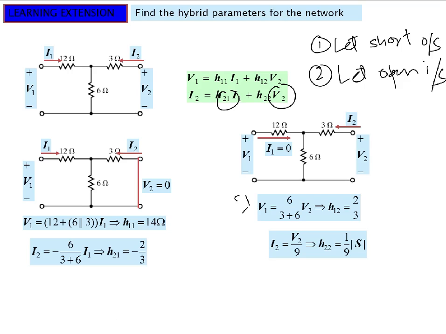Since we are talking about this input current, input current is going from here and then dividing here, and this part is the output I2. So I2 is 6 divided by 6 plus 3.